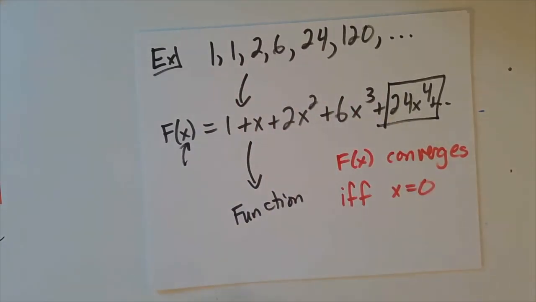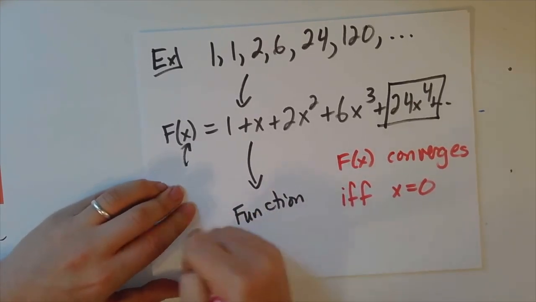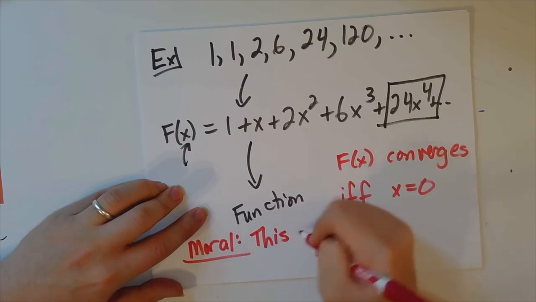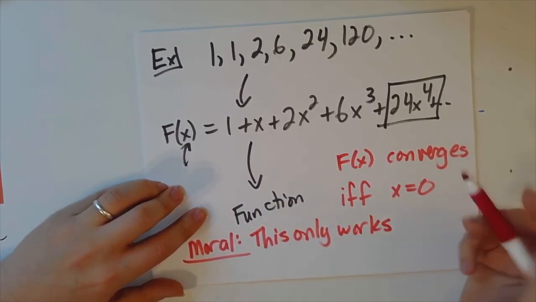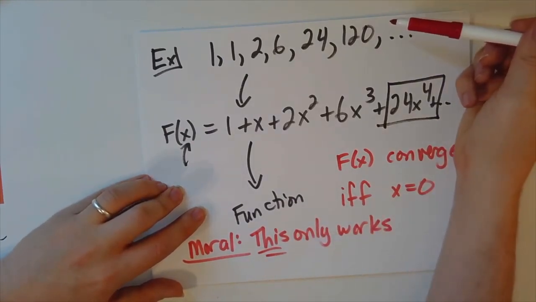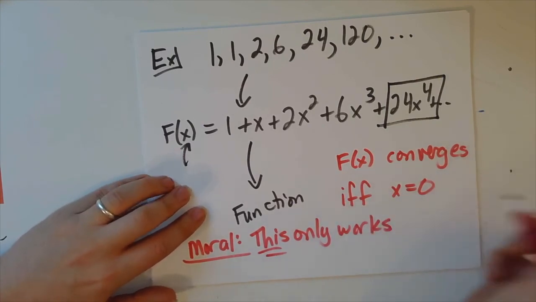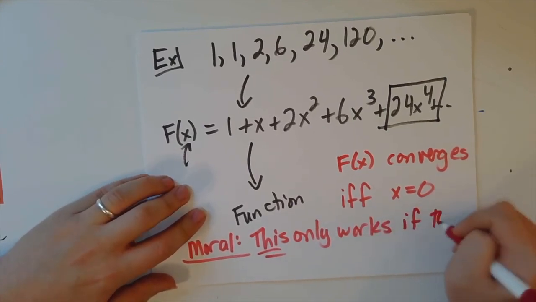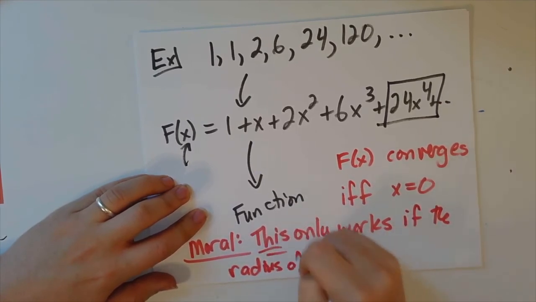The moral of the story is that this only works, and by this I mean using generating functions to associate a sequence of numbers to a function, if what's called the radius of convergence of the power series is greater than 0.